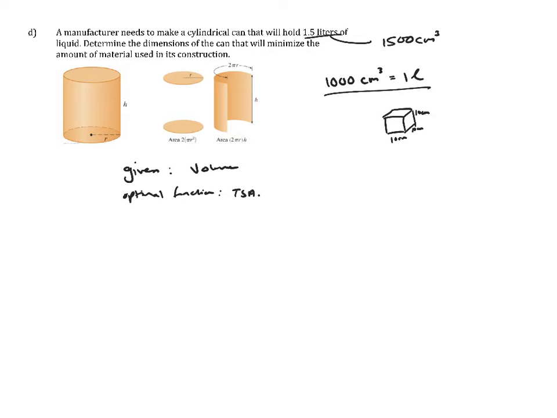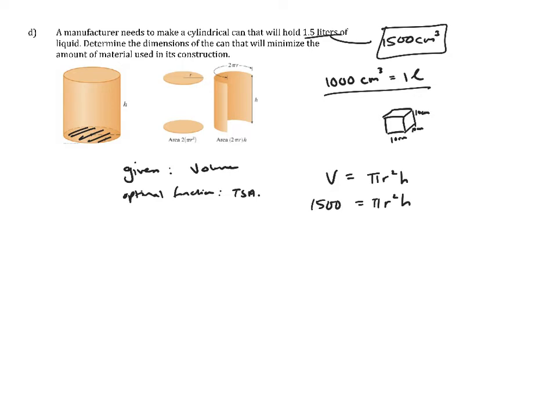Okay, so let's look at this. The volume is equal to 1,500 cubic centimeters. How would you find the volume of a cylinder? That is of course the area of the base times the height. So it's pi r squared times h. So the volume: 1,500 is equal to pi r squared h.